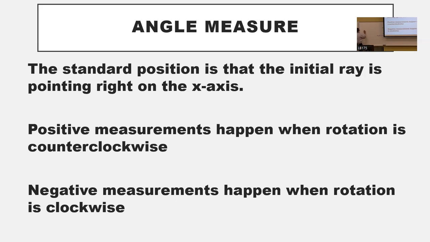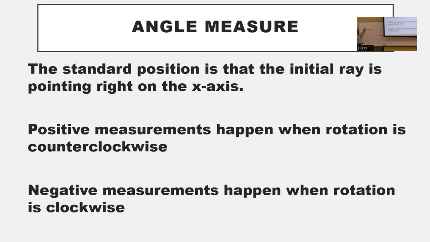So if we have an XY grid, the standard position of the initial ray is starting at the origin, pointing to the right along the x-axis. And then when we do rotation, a positive rotation is a counterclockwise rotation.